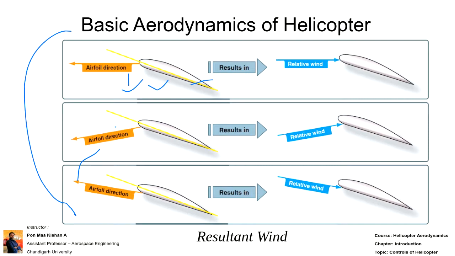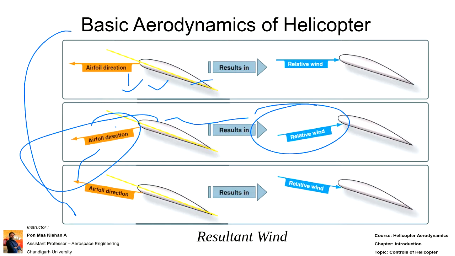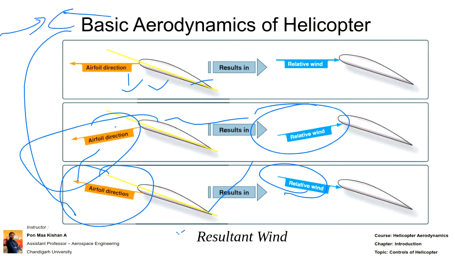Now my blade is rotating, so my airfoil direction will change, and accordingly my relative wind direction will also change. The relative wind will always be opposite to the airfoil direction. Like our aircraft, if it is moving along the flight path, the opposite is given by V infinity. The same is followed with respect to the airfoil direction.